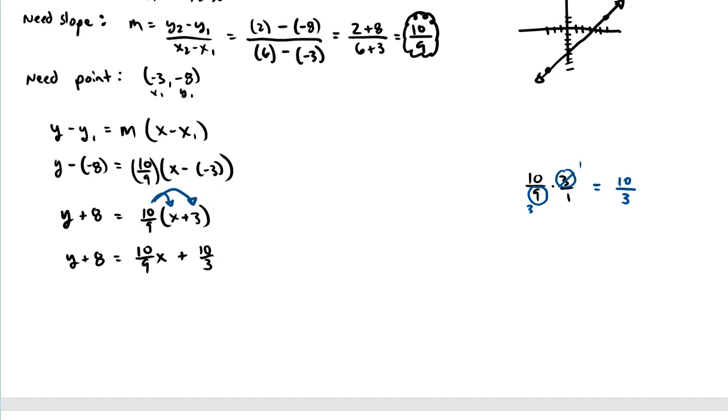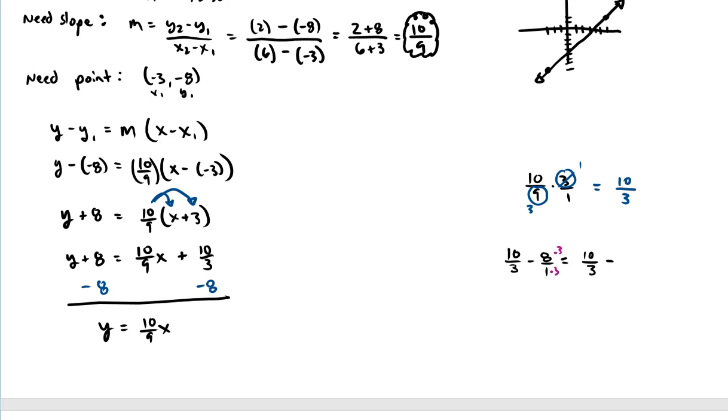And then we need to get y completely by itself, so that's to subtract 8 on both sides. And we will have it after this. So we'll have y equals 10/9 x. Now 10/3 minus 8, again, I'm just going to do some scratch work to the side. Remember with fractions, you need a common denominator. So that means that second fraction needs to get multiplied by 3 on both the top and bottom.